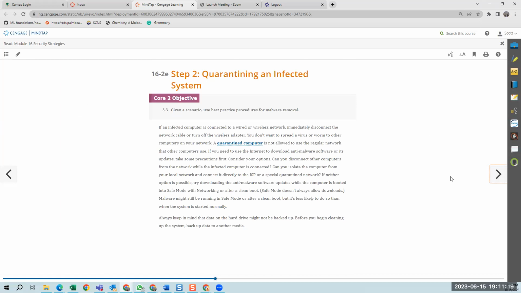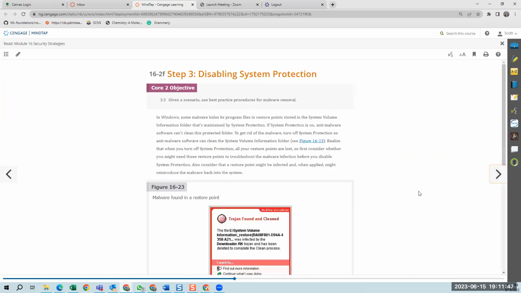And if you can't, then use a specific other computer that's not on the network, that's isolated, that has the right software to be able to isolate that drive and access it safely, to take care of whatever we've got to take care of on it to fix the things that have happened. So step two is to quarantine it.